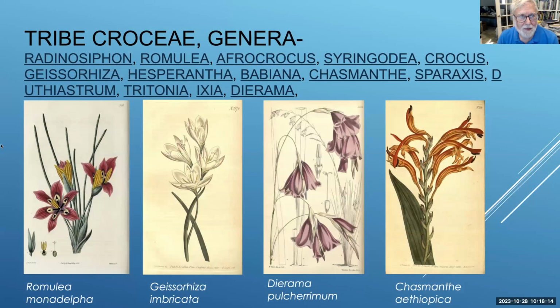Now, the genera in the crocus group, most of them you can think of as being very crocus-like, and Romulea on the left and Geissorhiza are pretty much crocus-like. Dierama is an interesting plant. If you look at the picture, it shows this plant with this huge wand going up, and they can get like 6 feet tall.